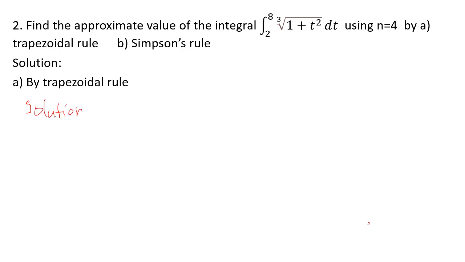Trapezoidal rule solution: y equals the cube root of 1 plus t squared, and your h equals 8 minus 2 all over 4, so equals 3 over 2, using n equals to 4.